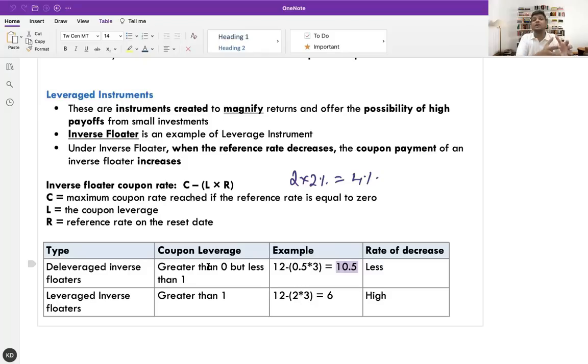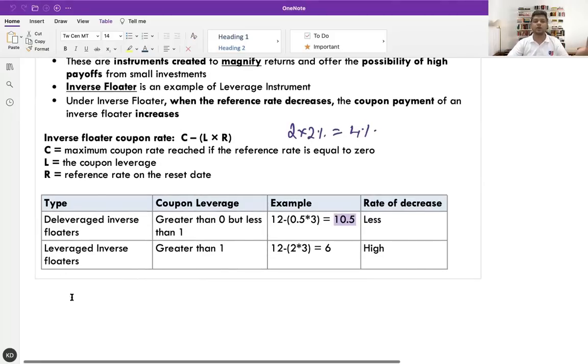For every 1% fall in the reference rate, you will get more than that in the form of coupon. But if it is less than one but not less than zero, then we call it a deleveraged inverse floater.